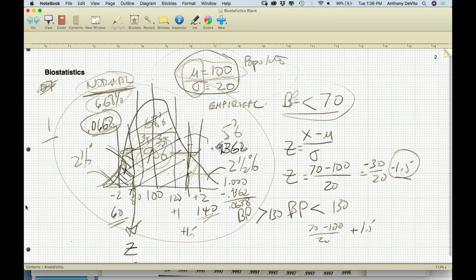What if I asked you what's the probability of the blood pressure being greater than 70 and less than 130? That would be the area between these two values, right? It would be this area in here between these two values.